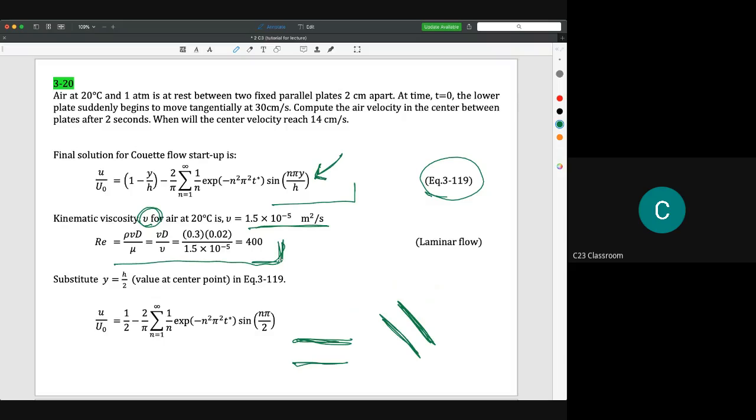Because we want to calculate the center velocity, we substitute the value of y here as h over 2, because this is the center point. So we substitute into the equation, and we could get this term.